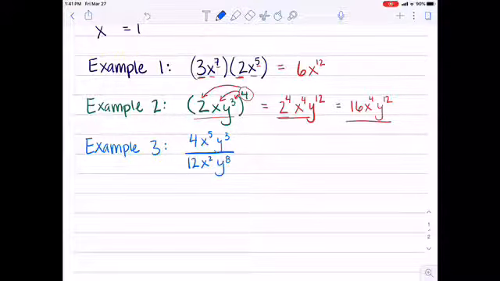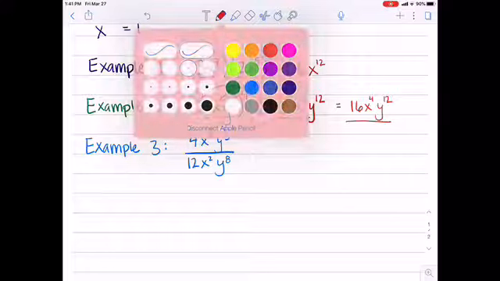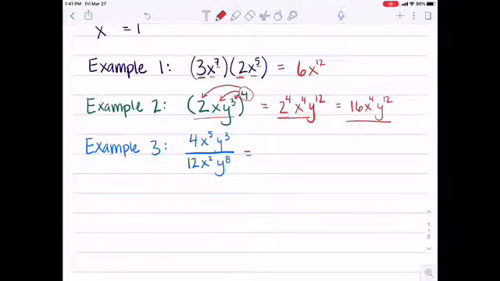Now, if you have a problem like this, you're going to want to simplify it piece by piece. So I'm going to start by looking at this front fraction, 4/12. Now 4/12 is a fraction that will simplify down. I know that I can simplify it to 1/3 if I just divide the 4 and the 12 both by 4. That will give me the 1/3.